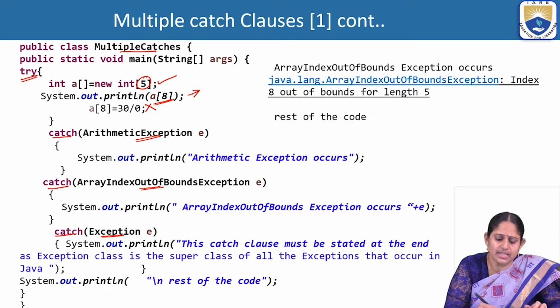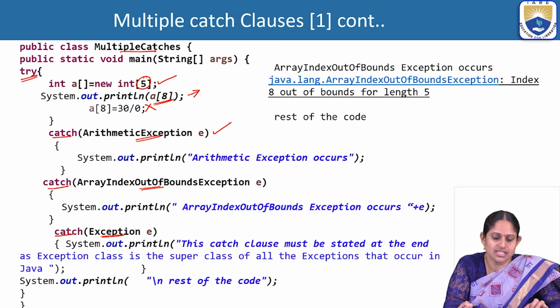So it will check the catch blocks for the one dealing with the array index out of bound exception. It will check the first block, which doesn't have a match since it is dealing with the arithmetic exception. Now it will bypass that catch block and check the second one.